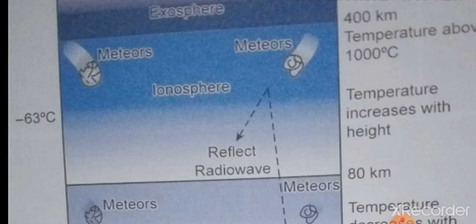This leads to the formation of ions, meaning electrically charged particles. These ions reflect radio waves back to the earth and enable radio communication and wireless communication. So, thermosphere is also known as ionosphere.